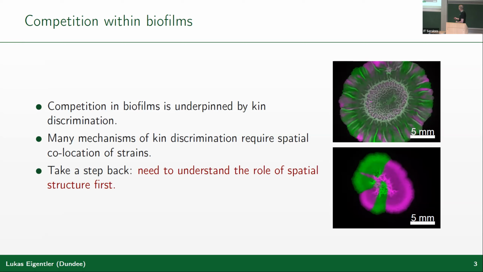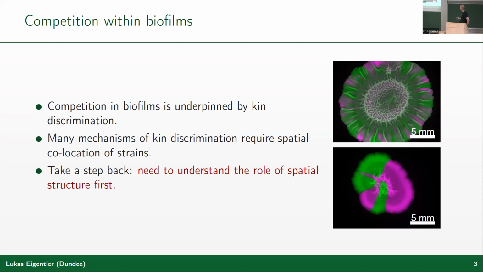What you can see in those two images here are two biofilms that comprise two different strains. Those strains produce a fluorescent protein, so that's the color you can see. You can already see by comparing these two images that the spatial structure, or the distribution of the two different strains, can be quite different among different biofilms.